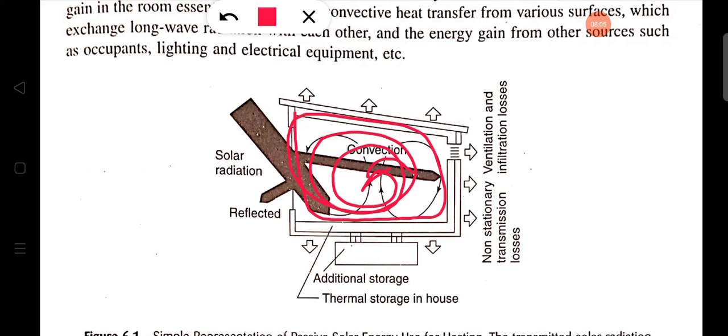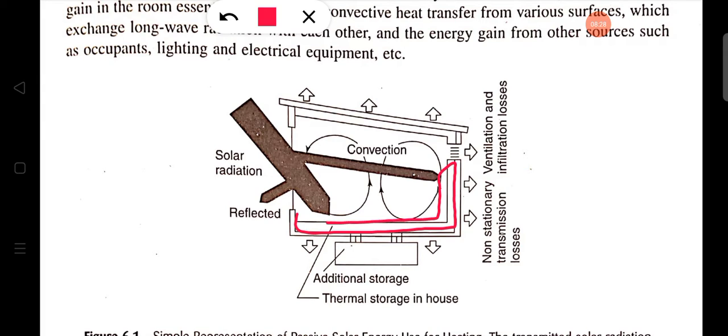And also there is an additional storage of heat. This additional storage stores some energy or some heat radiation. This portion of the wall is thermal storage in the house.